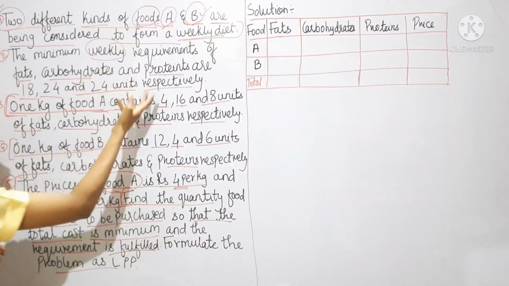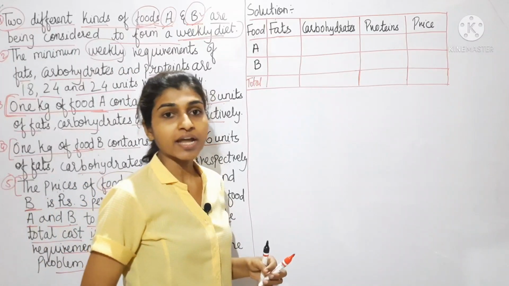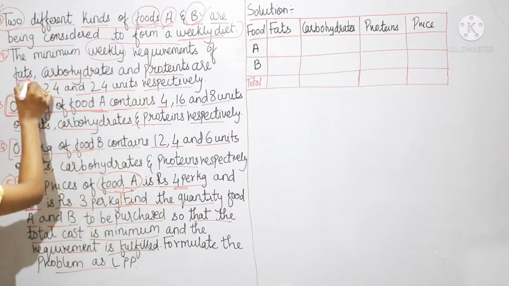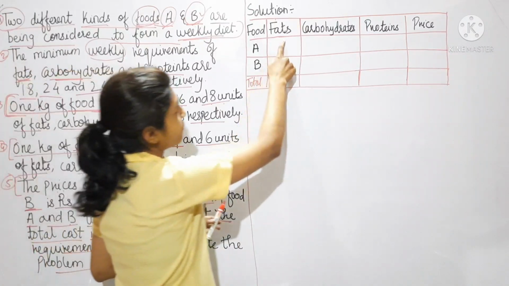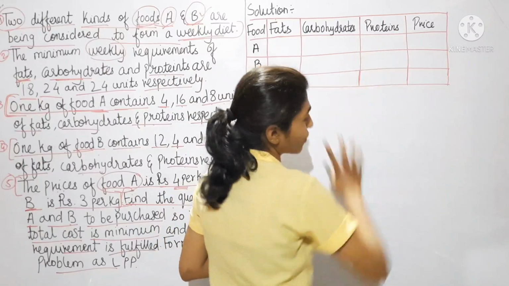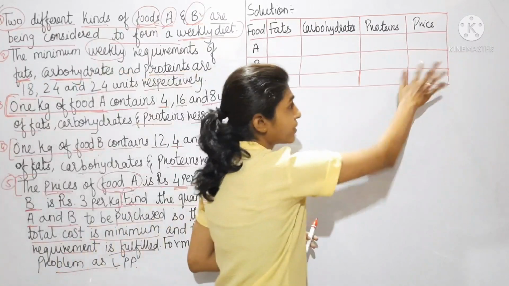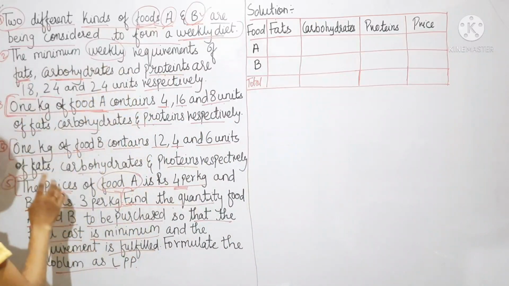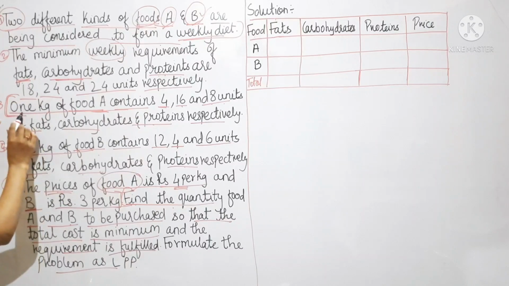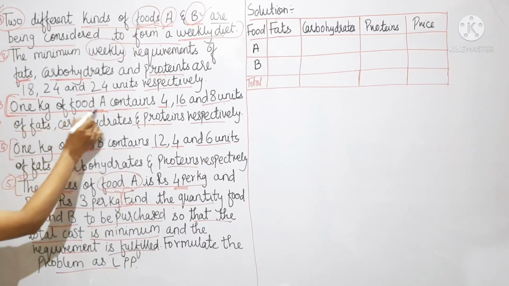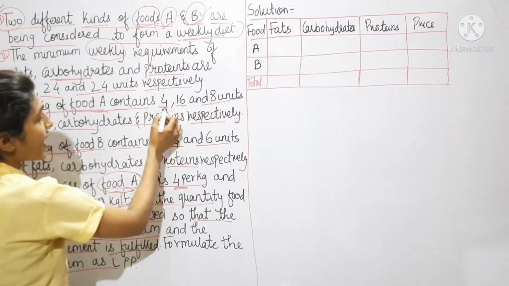Now in the weekly diet, what is required? We require fats, carbohydrates and protein. So fats, carbohydrates, proteins, and price is given, that's why I have prepared a price column. Now first we'll see food A. 1 kg of food A contains how much fats?